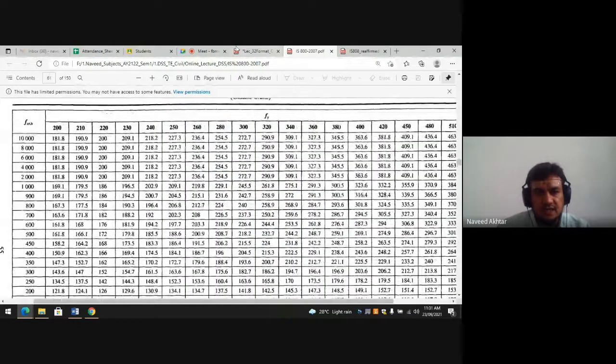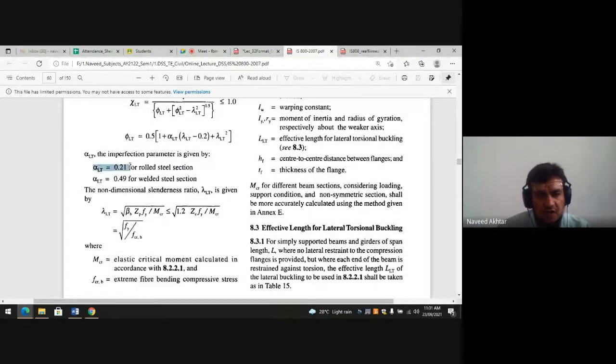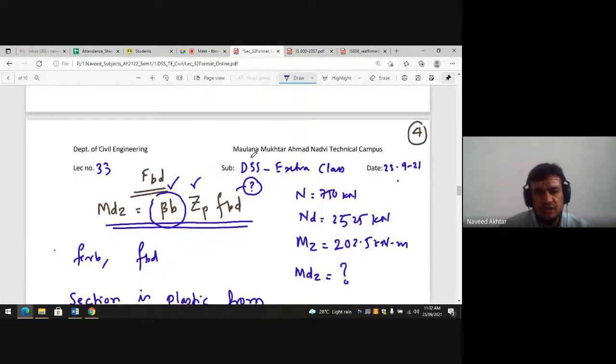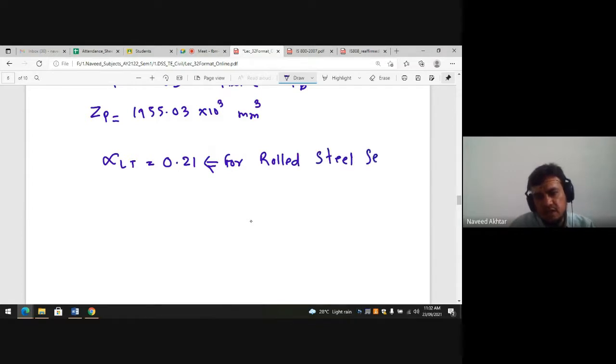So in our case, since this is a rolled steel section, the alpha LT is nothing but 0.21, for rolled steel section, from page number 54 of IS 800:2007.